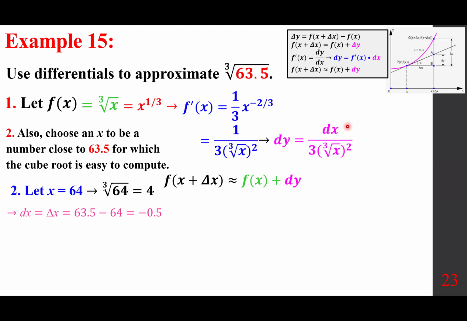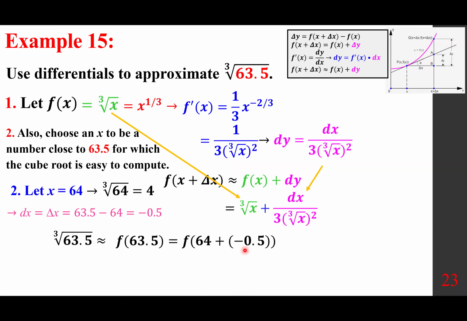And so now we have f of x, we have dy, we are going to replace them again. This is your function. This is your dy. And we want the cube root of 63.5 or f of 63.5 or f of 64 plus negative 0.5, indicating x is 64.